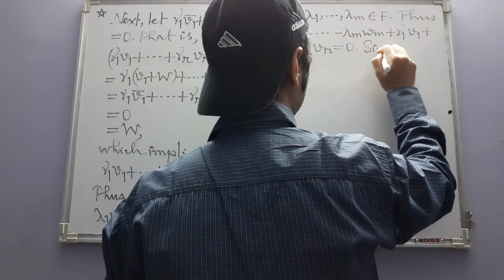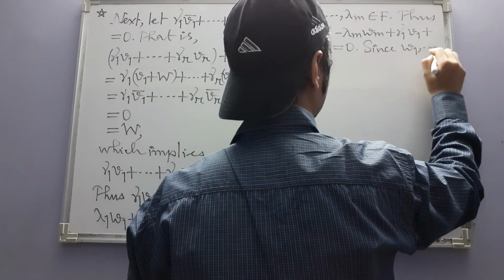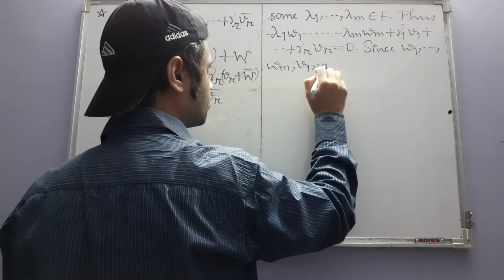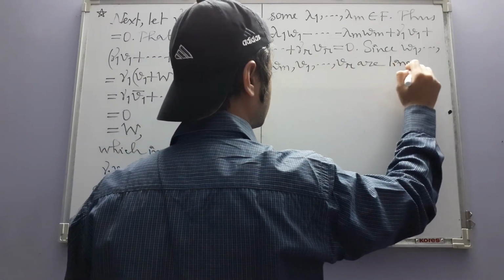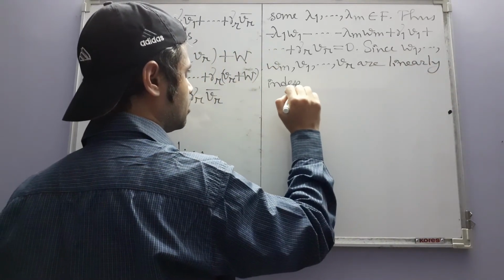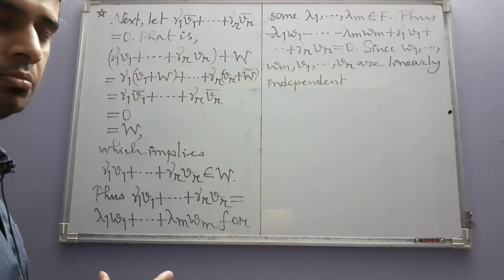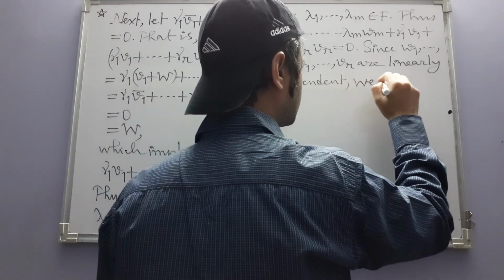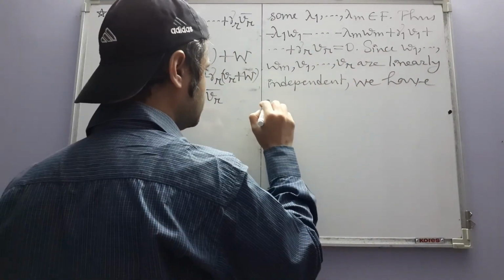Since these are linearly independent. Why? Because they form a basis of V. So all these scalars are going to be 0.